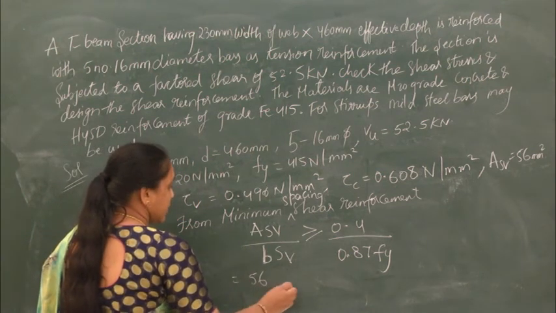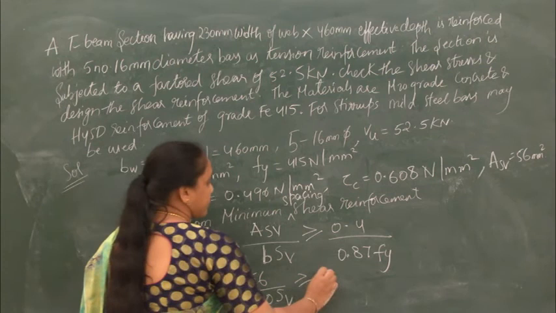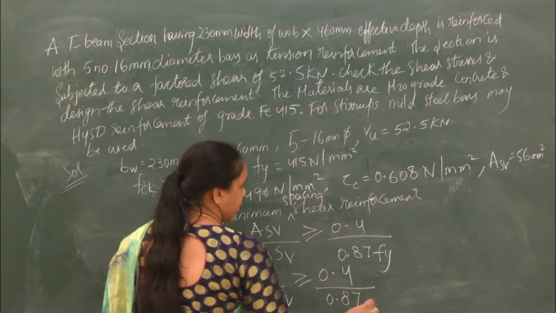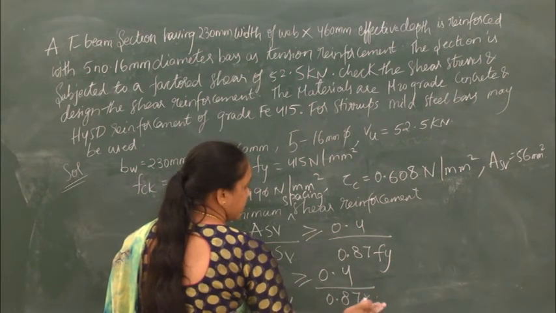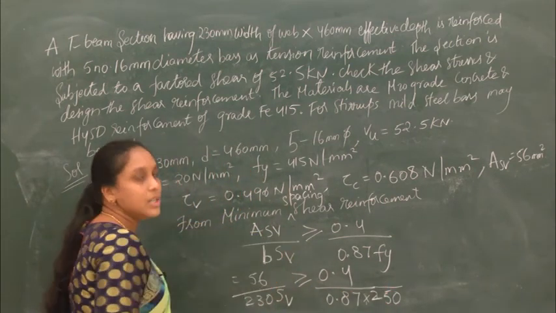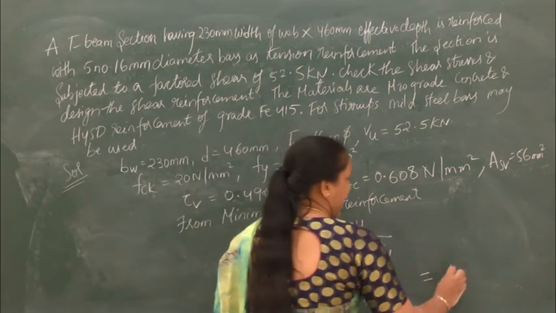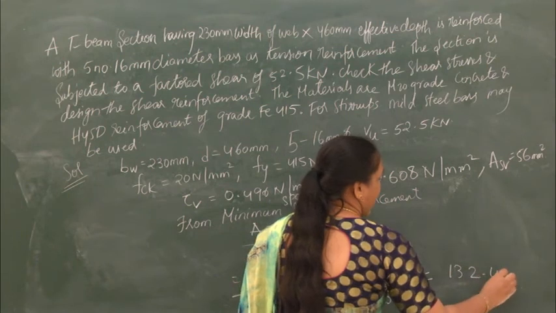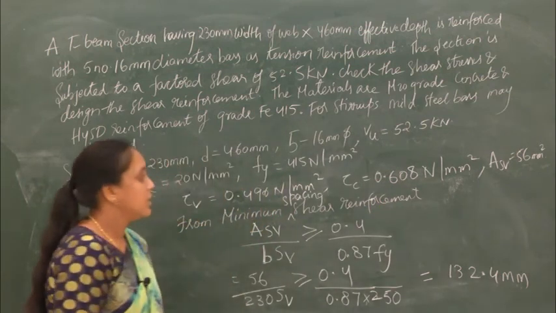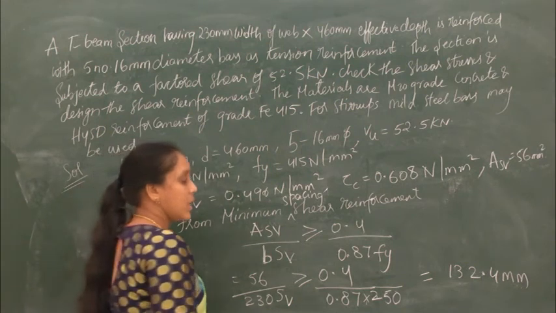ASV is 56, divided by B, which is 230, into SV, equals 0.4 divided by 0.87 into 250, because the grade of the stirrups mentioned is mild steel bar. So from this you will get a value of SV as 132.4 mm. So the spacing you have to provide for the shear reinforcement is how much? 132.4 mm.